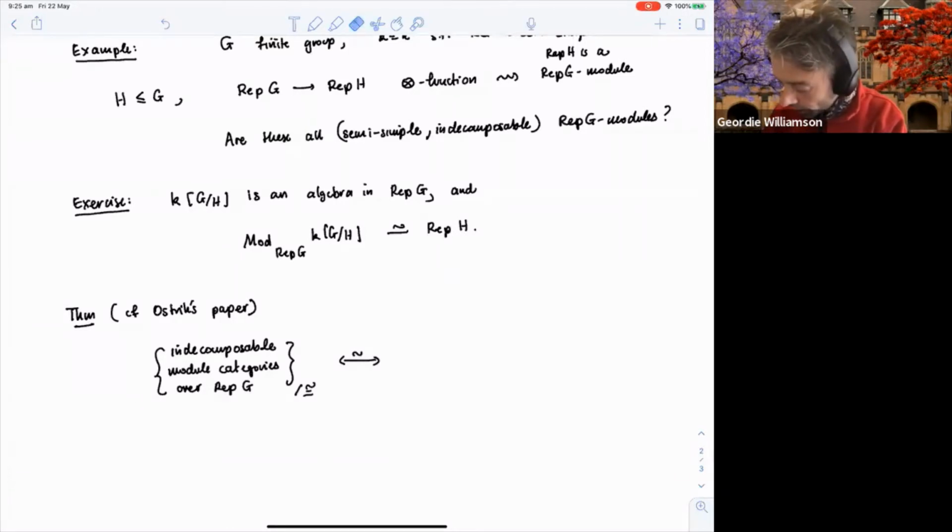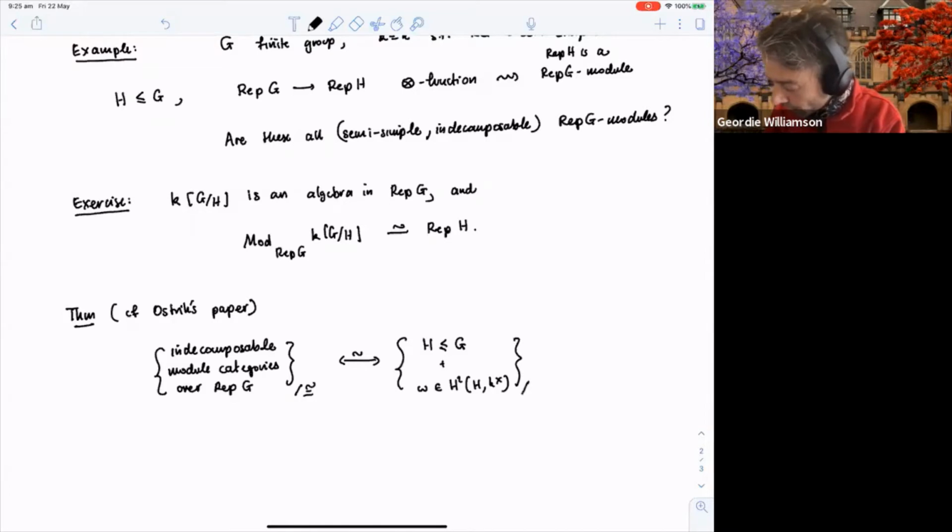So H subgroups in G plus a 2-cocycle omega in H2 of H, K star, up to G conjugacy.